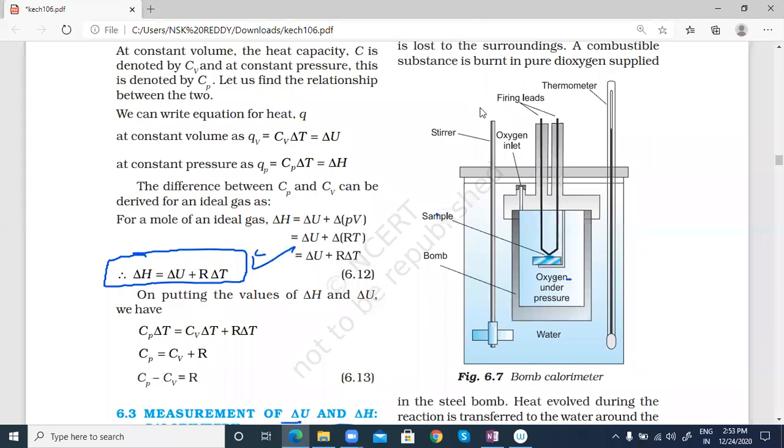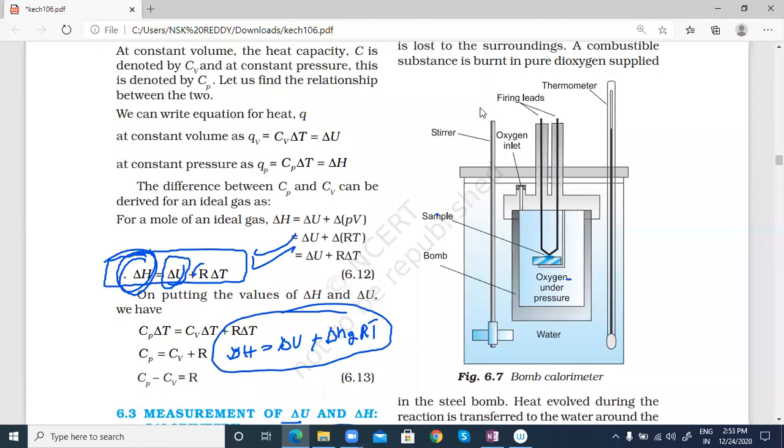This is the relation they are going to ask problems on, either delta H calculation separately, or for a given reaction, after calculating delta H, they ask for delta U. By knowing delta Ng, in place of n, I can write actual delta H equal to delta U plus delta Ng RT. This is mostly the formula.